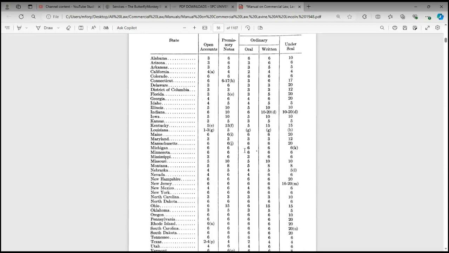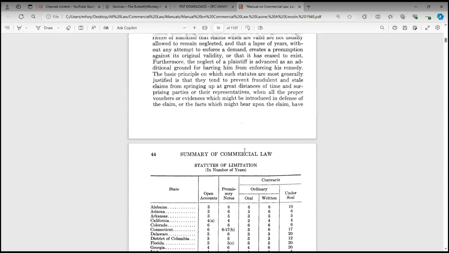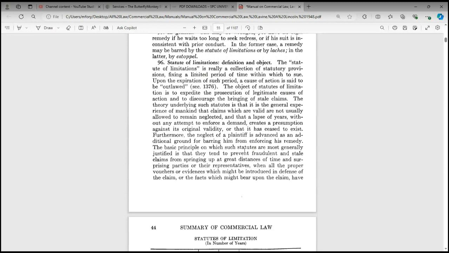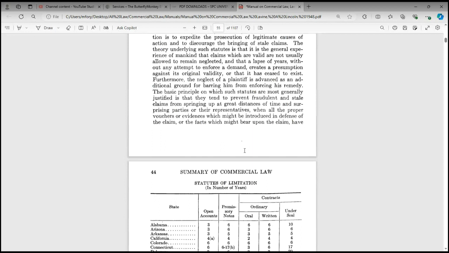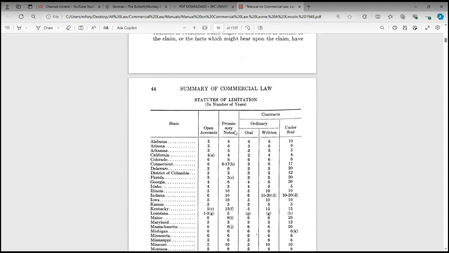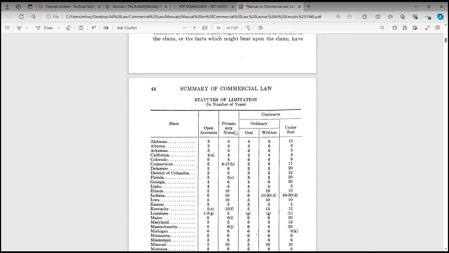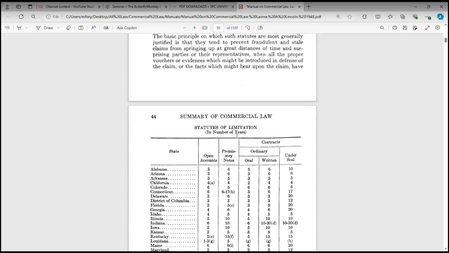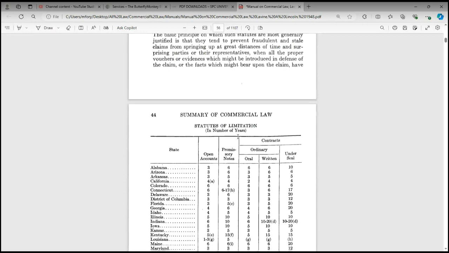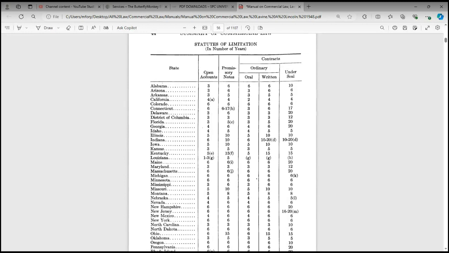So they give a chart here, which I did not see. No reference to it in what I just read. So, a summary of commercial law, statutes of limitations, and number of years. So whatever these headings, right? Open accounts, promissory notes, oral, written, and under seal.